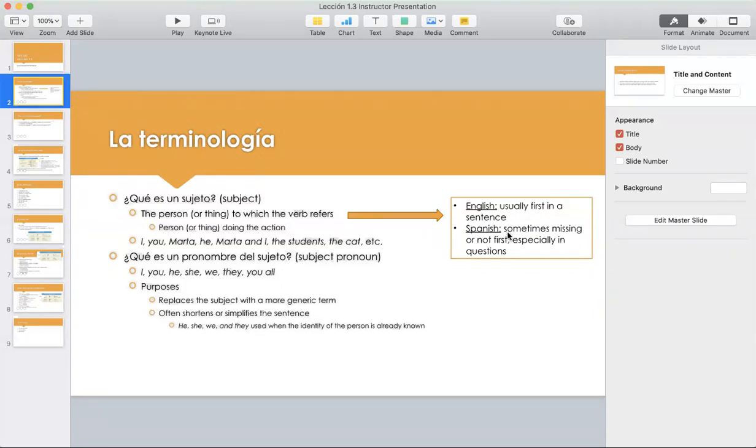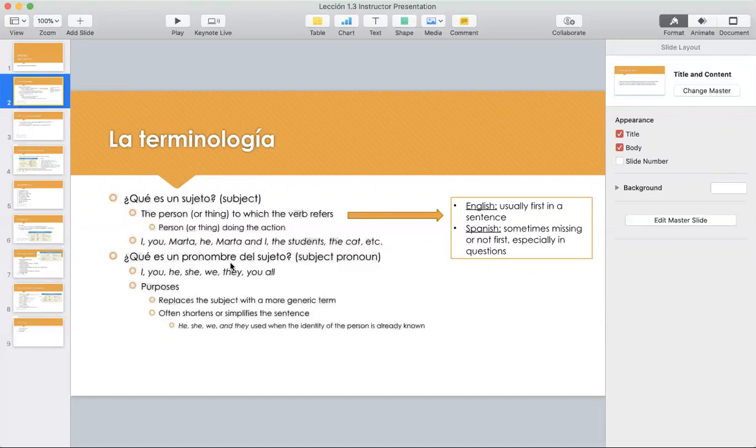And in Spanish, most of the time it's missing, or it's not even first, especially in questions; we're going to learn that usually it's placed at the end. So for instance, it could be I, you, Marta, he, Marta and I, the students, the cat, my friend and I, all of my students, you guys, and so on.